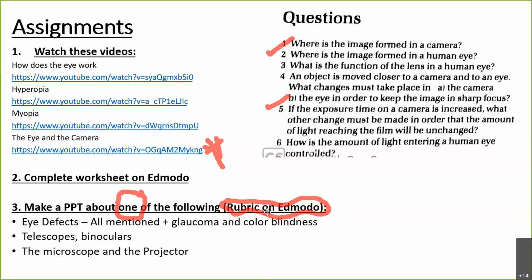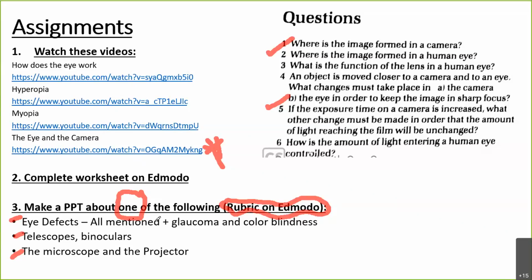So you're going to pick one of these topics. So the first is eye defects. So you include all mentioned, hyperopia, myopia. I mentioned astigmatism. We didn't go into that, but I want you to include that as well, okay?